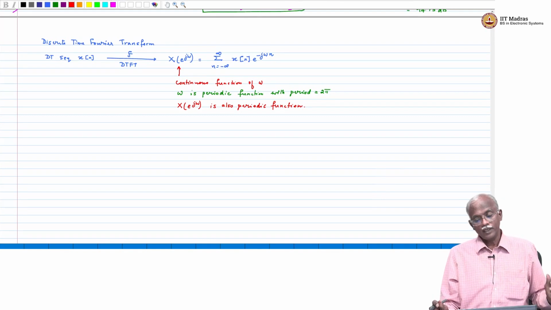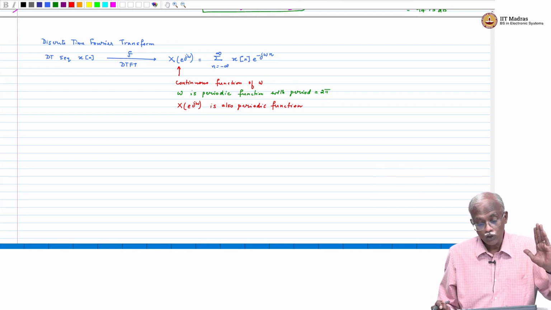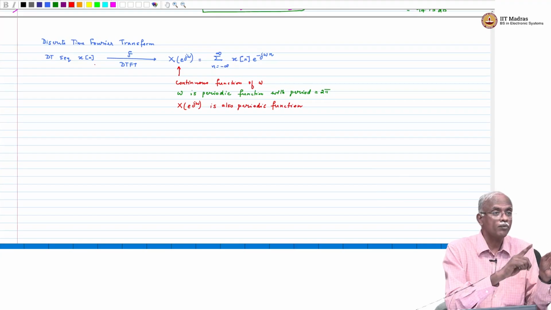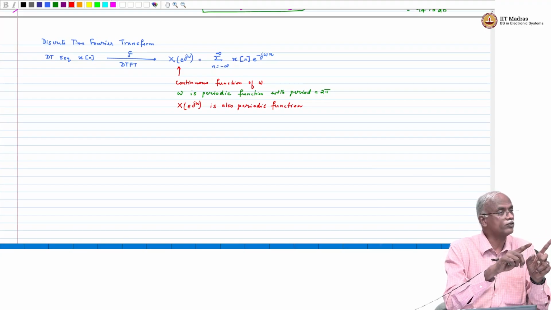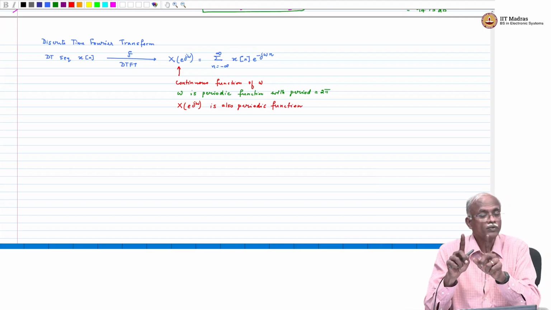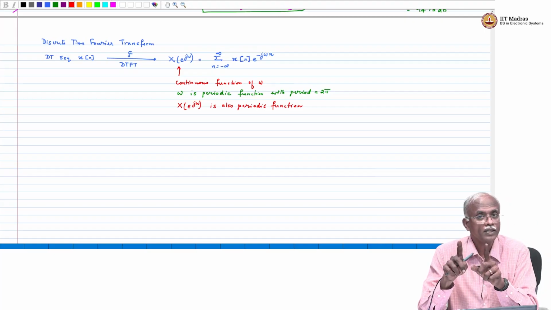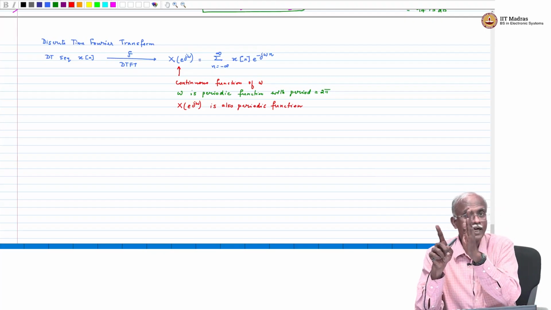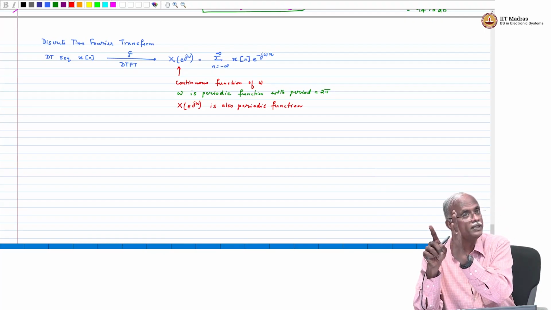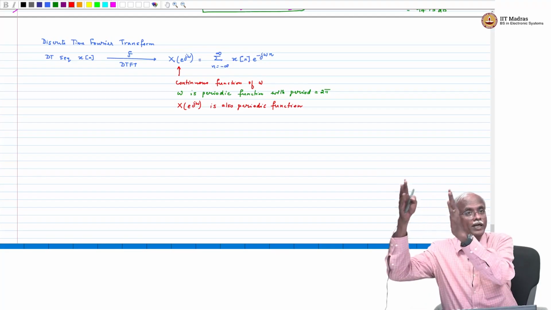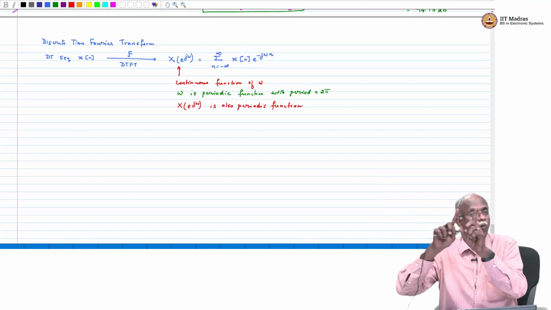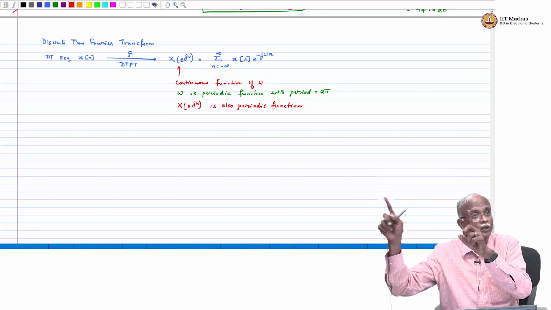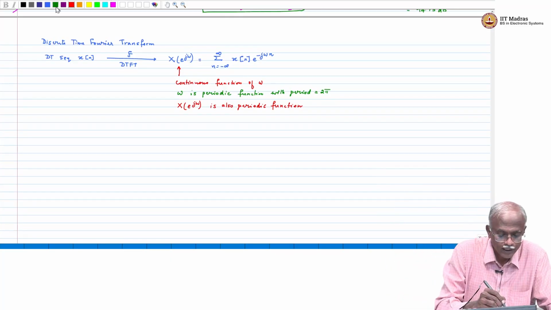Now, supposing this x[n] was obtained from a continuous time signal x_c(t). Was the spectrum of the continuous time signal periodic? No. But remember, when we went through the process of sampling, what happened? You started to produce multiple copies, and the repetitions of the spectra occurred at multiples of the sampling frequency.